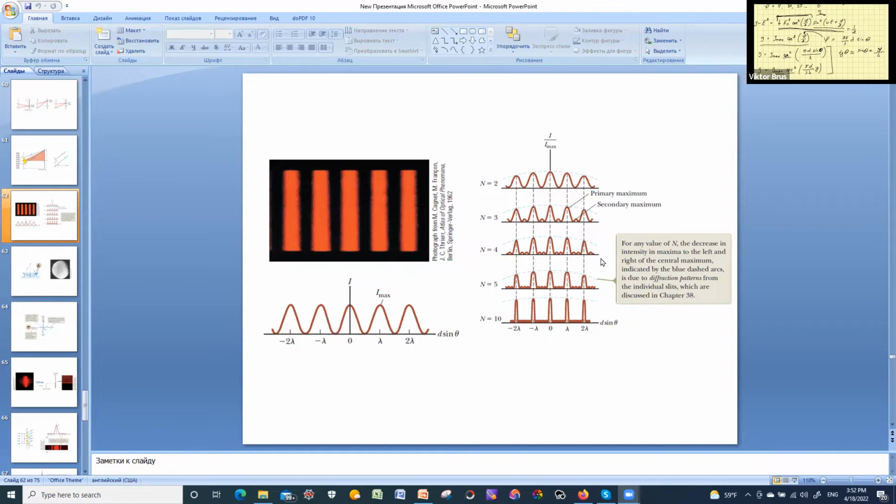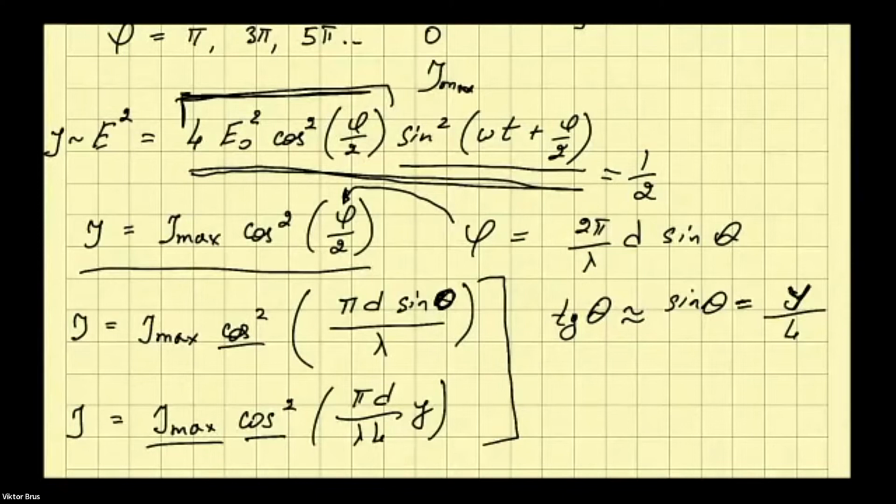And we quantified under which conditions we will have constructive and destructive interference, providing angular and linear positions for the maxima and minima of interference.